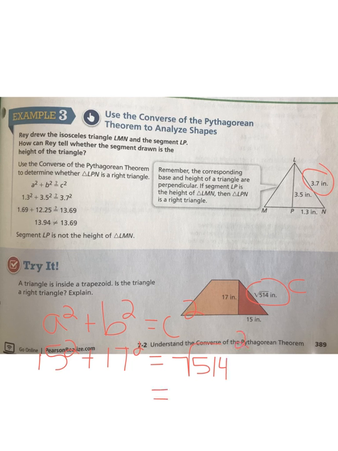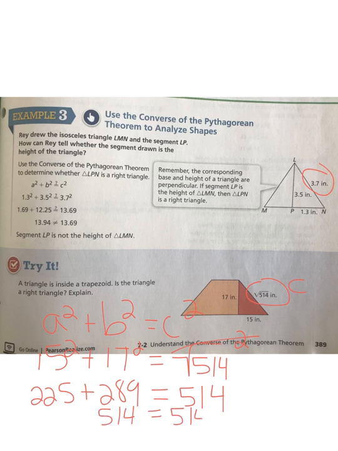And so 15 times 15 is 225. 17 times 17 is 289. The square root squared, these just cancel. You're just left with 514. So is 289 plus 225 equal to 514? It does equal 514. So 514 does equal 514. Yes, this would be a right angle, or a right triangle.